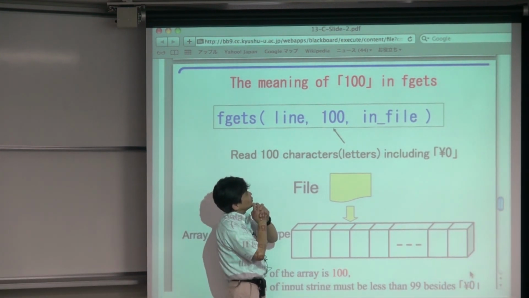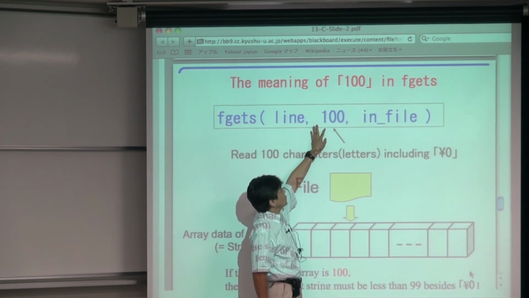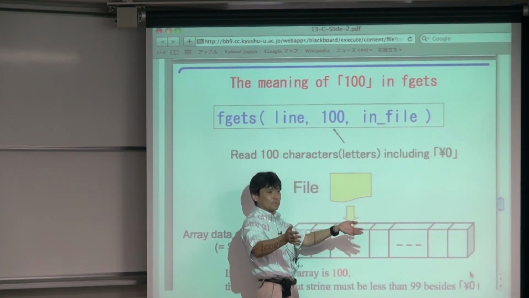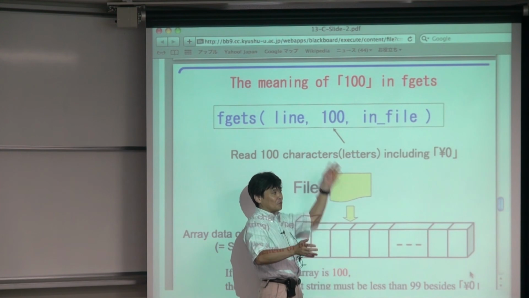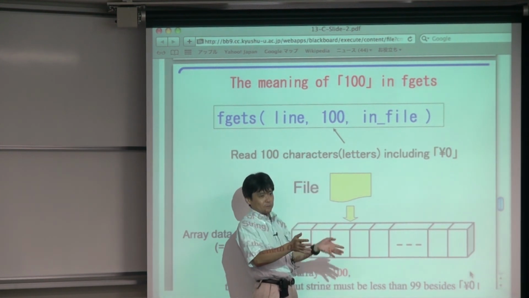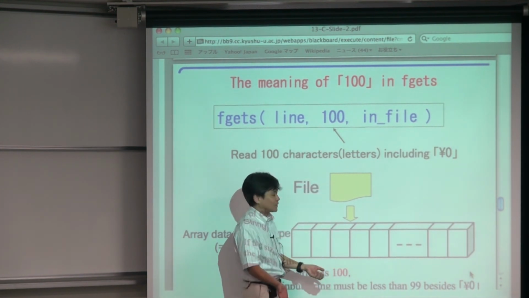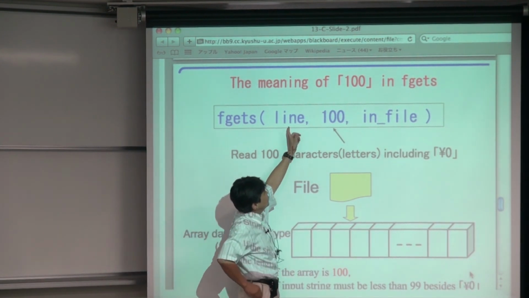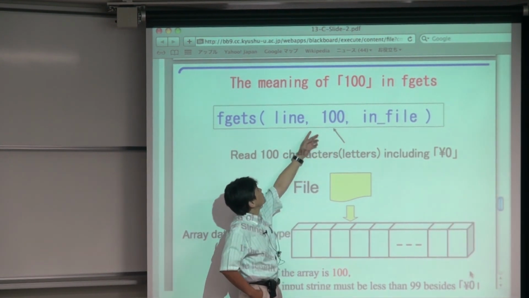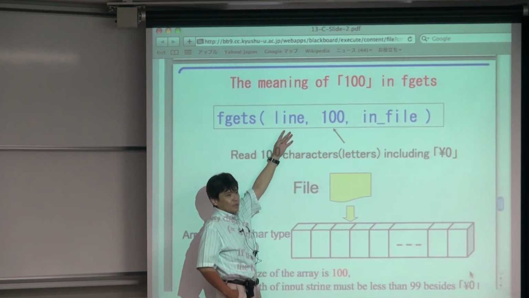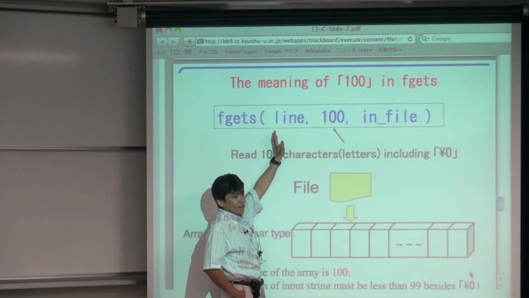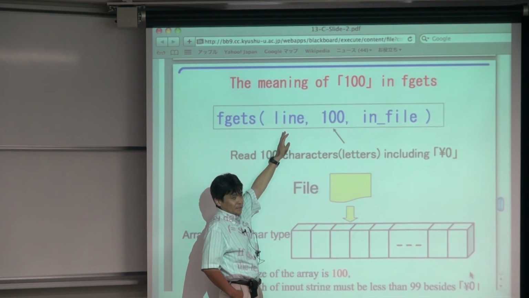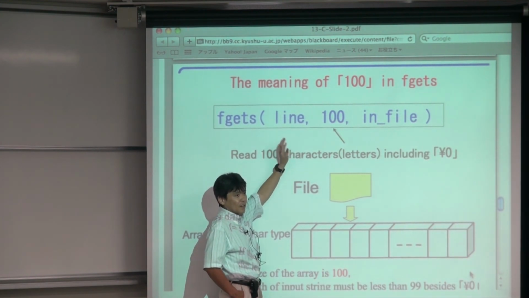So this is more important. As I explained, you have to specify 3 arguments. The second argument is the size of the string that this function can read from the file. Okay. So if you specify 100, the element size of this array, as you know, the string data is treated as an array of character type.